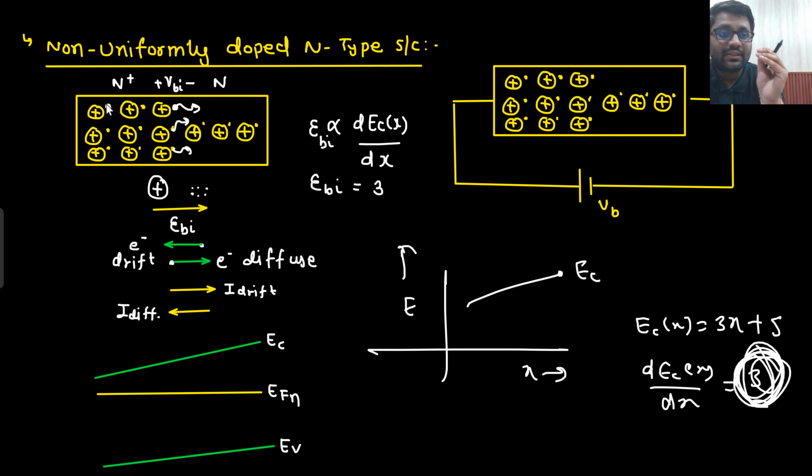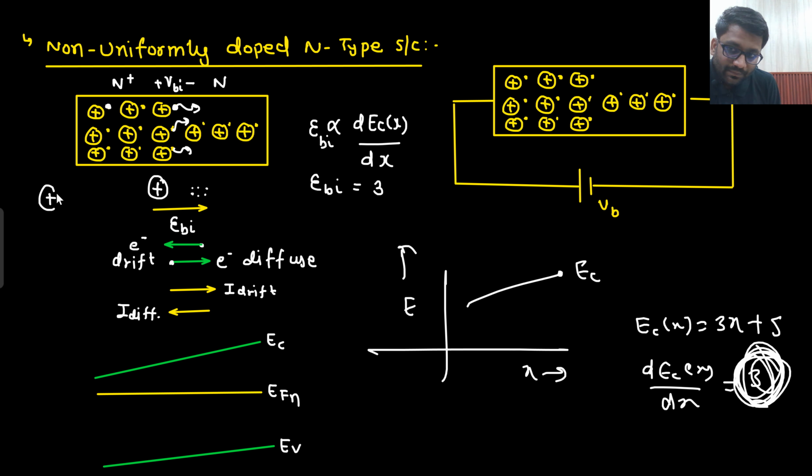That means which electron would be more tending to diffuse? Which electron will diffuse faster? Who has more tendency to diffuse? This particular electron will have more tendency to diffuse, no? Are you able to understand this point? Because this particular electron is seeing more concentration gradient.